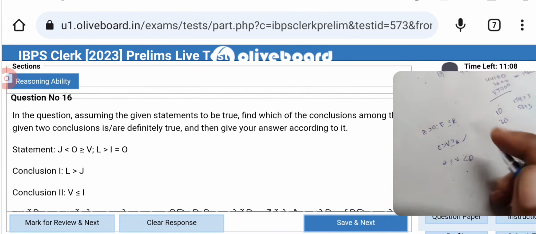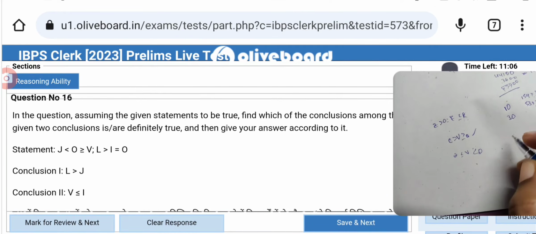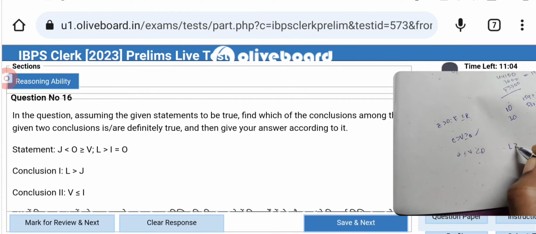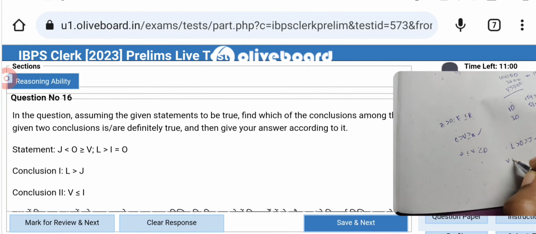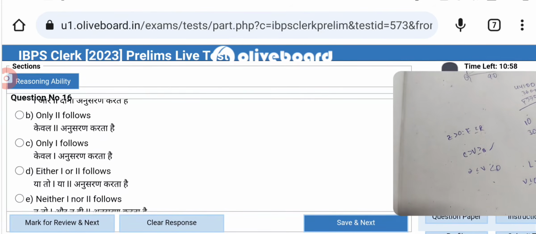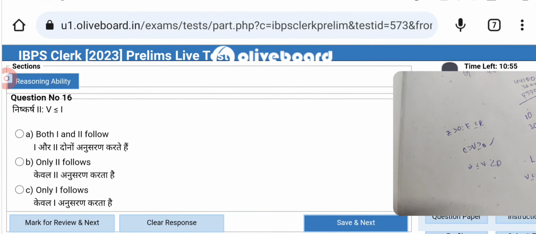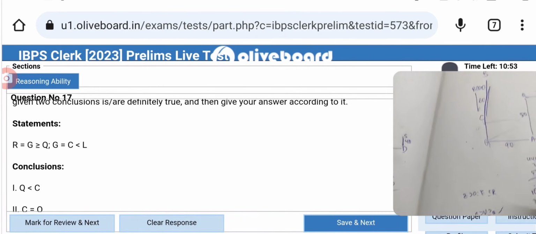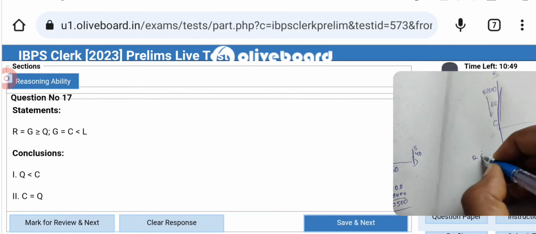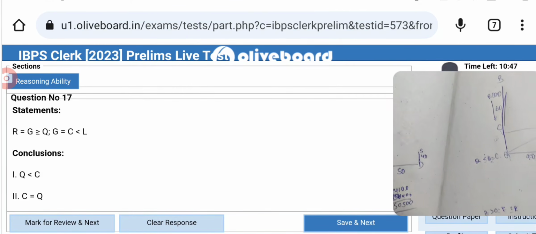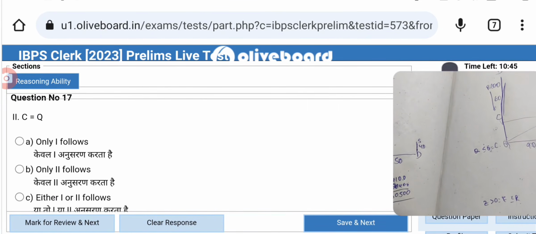Next, L greater than J, and V less than or equal to I. V less than or equal to O. Both 1 and 2. Next, Q less than C. So either 1 or 2.